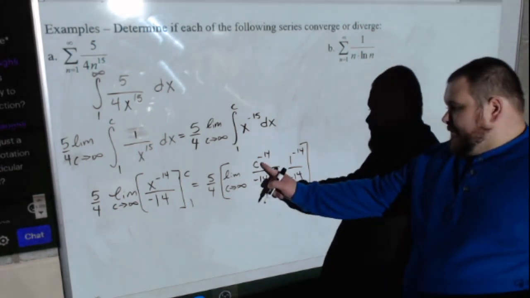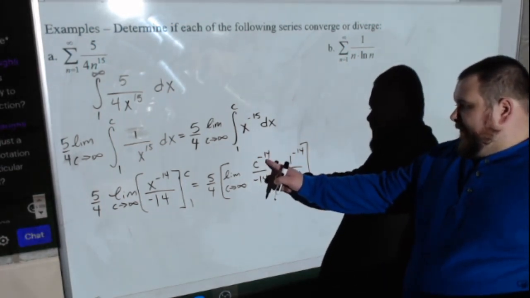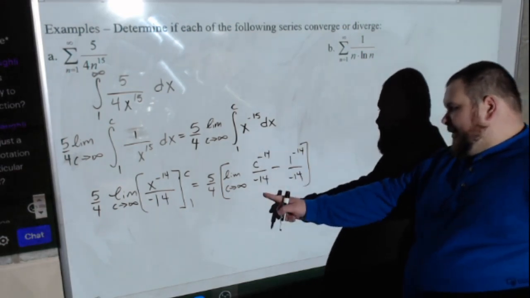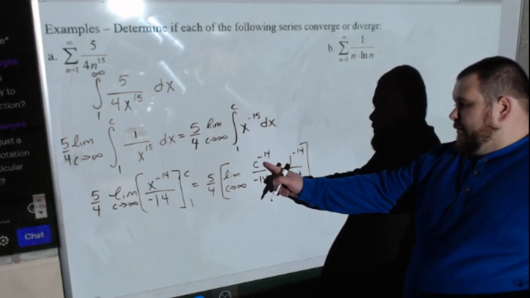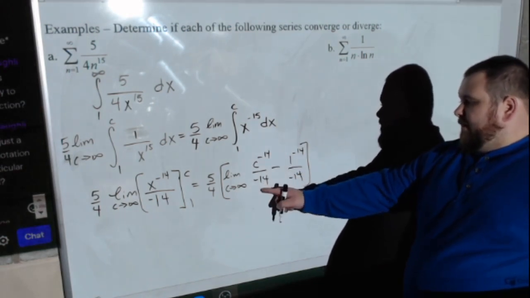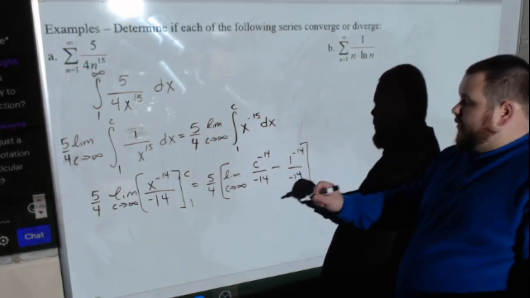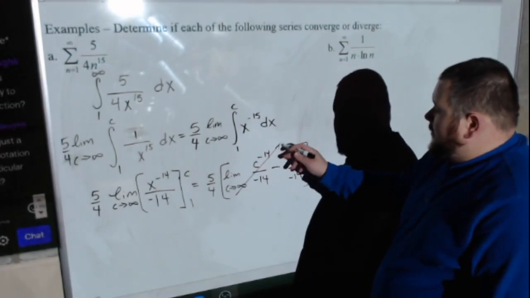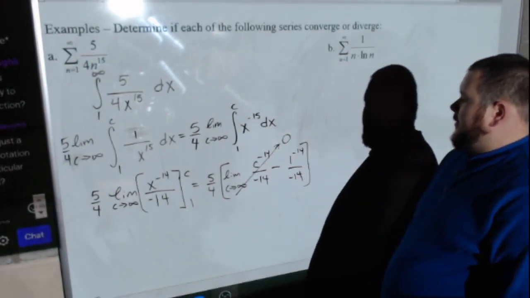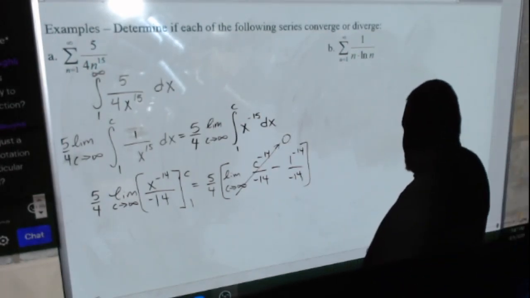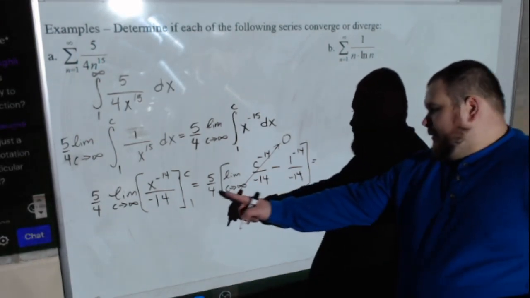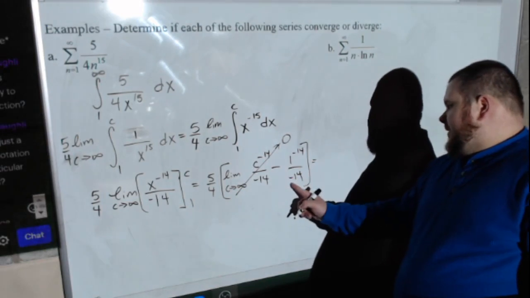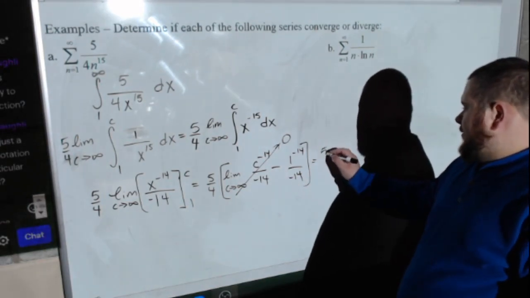This guy right here is a number to a negative power. That means you could put it in the denominator. If I plug infinity in there, infinity in the denominator makes this thing all go to 0. So I am just left with 5/4 times 1/14.